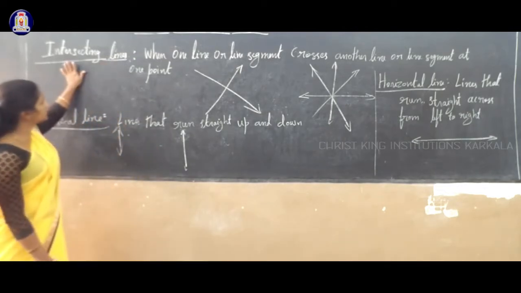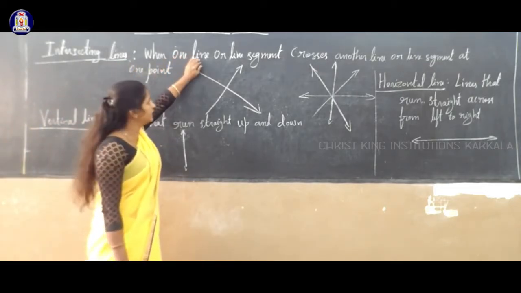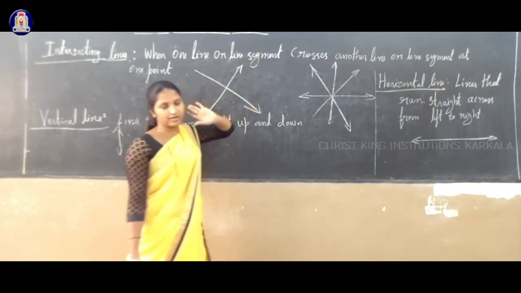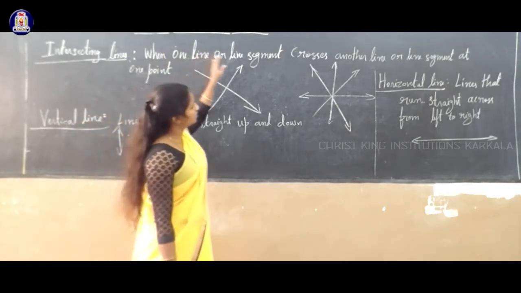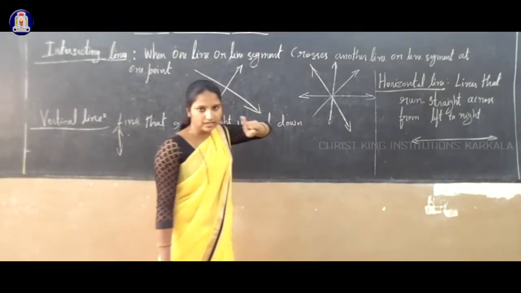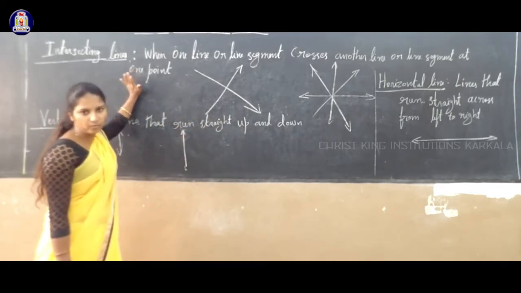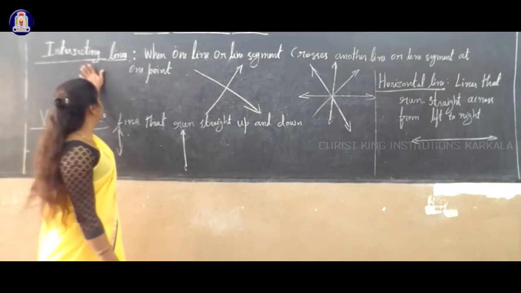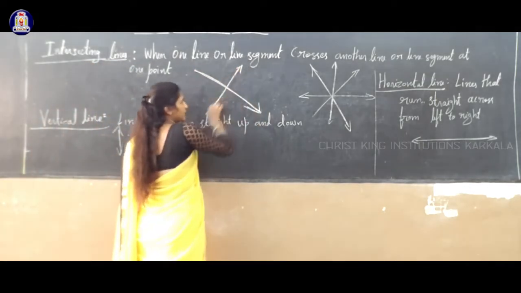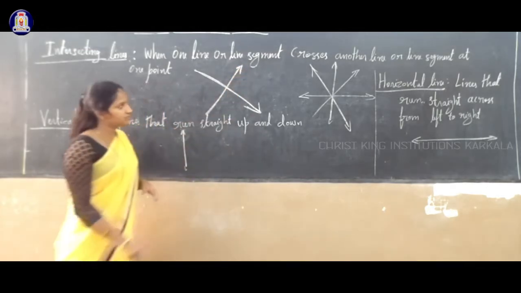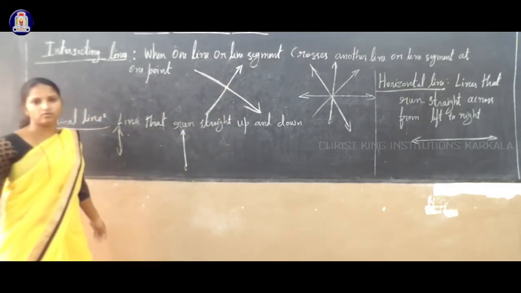Intersecting lines means when one line or line segment... Now you understood what a line and a line segment are. When one line crosses another line at one point, that is called intersecting lines.